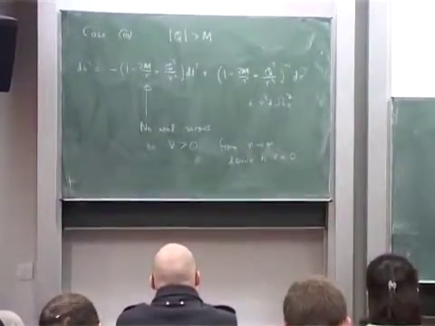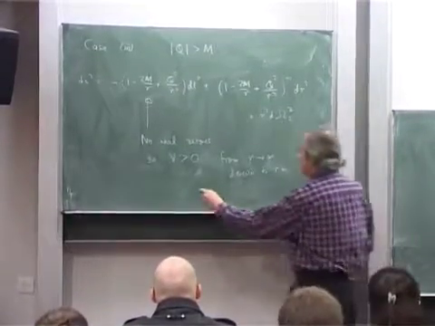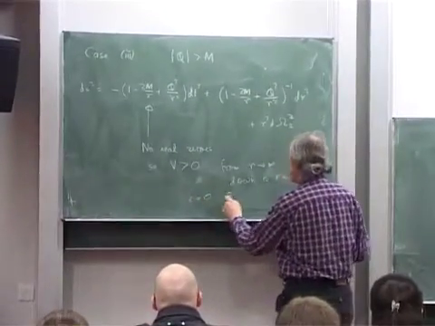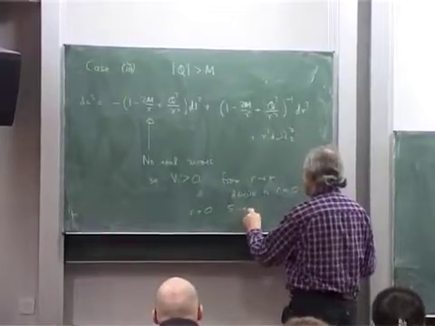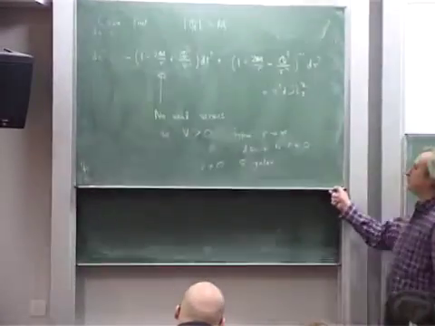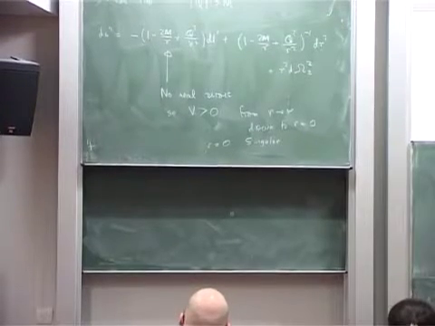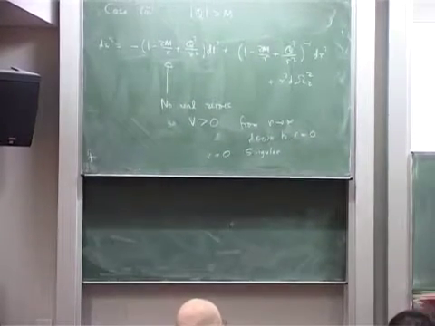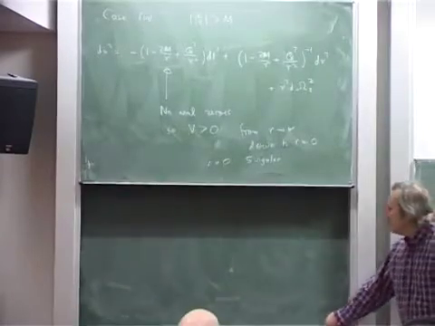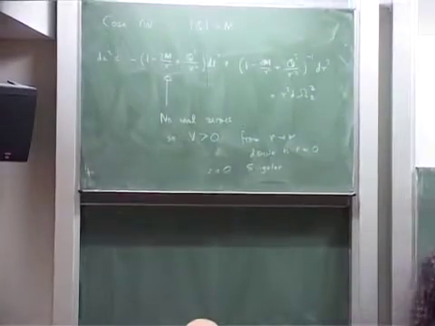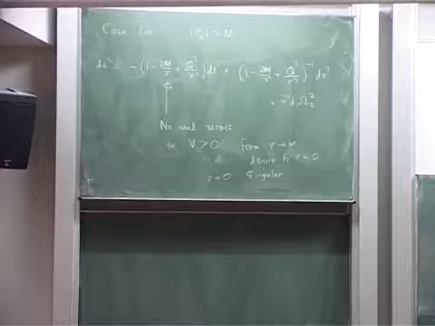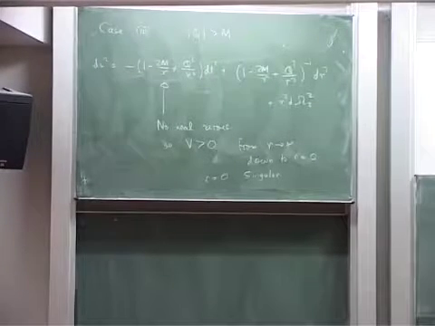And r equals 0 is, of course, still singular. So there are no horizons. The coordinates do not break down anywhere except at r equals 0. There are no coordinate transformations you could possibly make to get rid of the singularity at r equals 0.